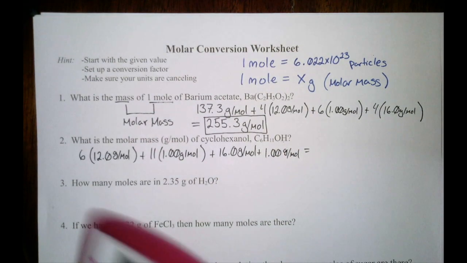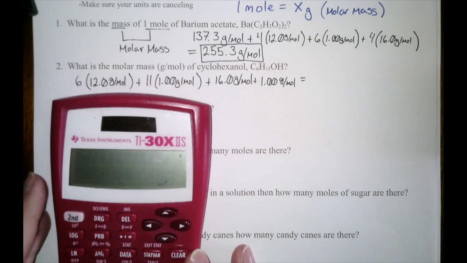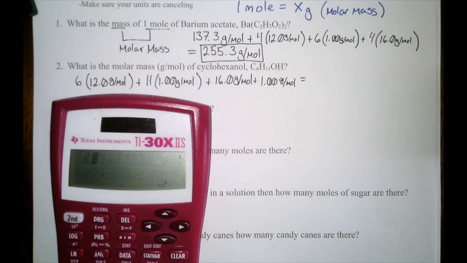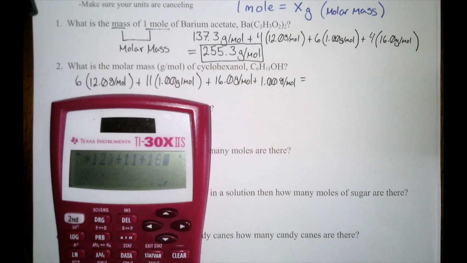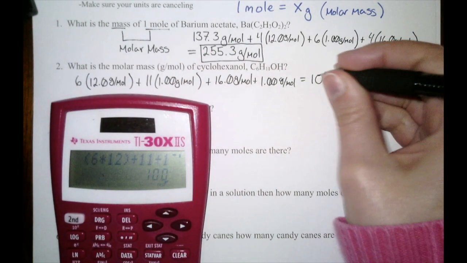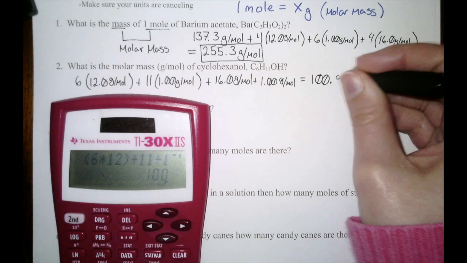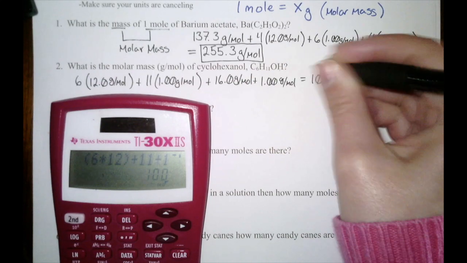And let's add it up to figure out what our total molar mass is. So 6 times 12 plus 11 plus 16 plus 1 gives us a molar mass in this case of 100 grams per mole, right on the button.